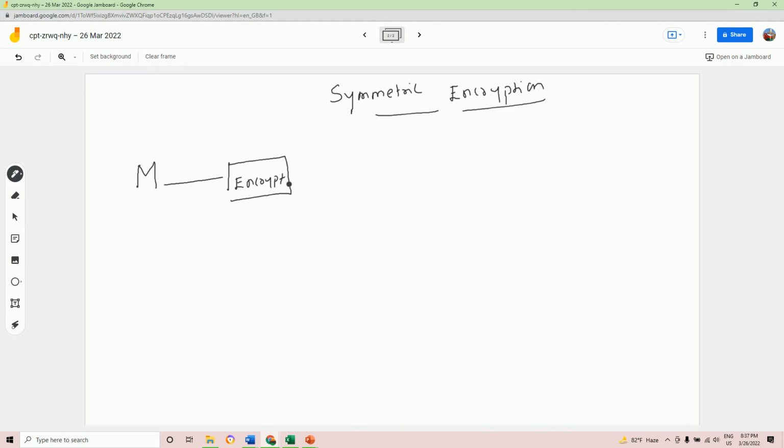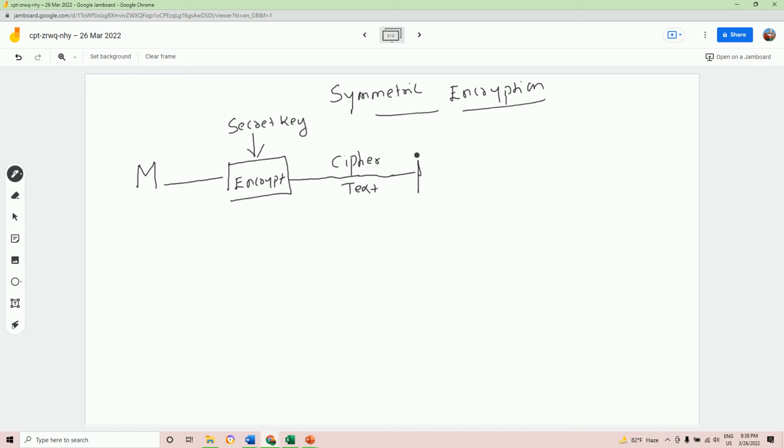So to encrypt the message, you use the secret key, or you can call it the private key. What you get when you encrypt something is cipher text. It is encrypted data.